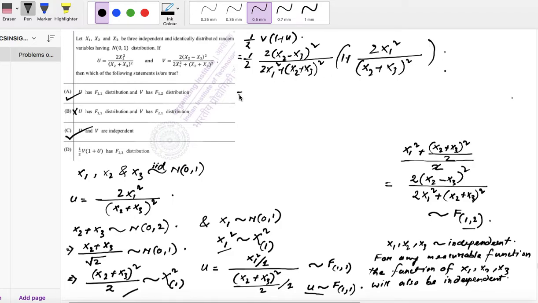Okay, this is fine. Now these 2 and these 2 get cancelled out, so we can write x2 minus x3 whole square over twice x1 square plus x2 plus x3 whole square, and take the LCM here.